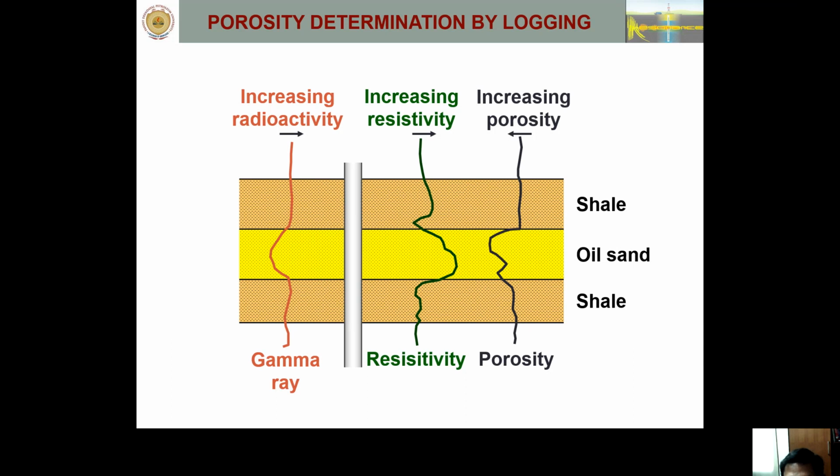Increasing resistivity is a sign of porosity presence, and increasing porosity happens in oil sands, whereas in shale the porosity is decreasing.